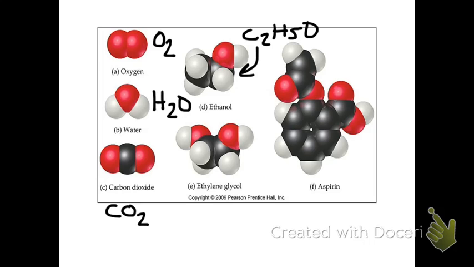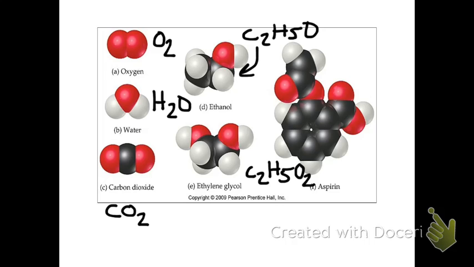And that ratio never changes. Ethylene glycol, which is more or less antifreeze that you put in your car, also has 2 carbons, 1, 2, 3, 4, 5 hydrogens, sorry, and it has 2 oxygens. So ethylene glycol is a little different than ethanol in the fact that there's a difference in the ratio between carbon, hydrogen, and oxygen.